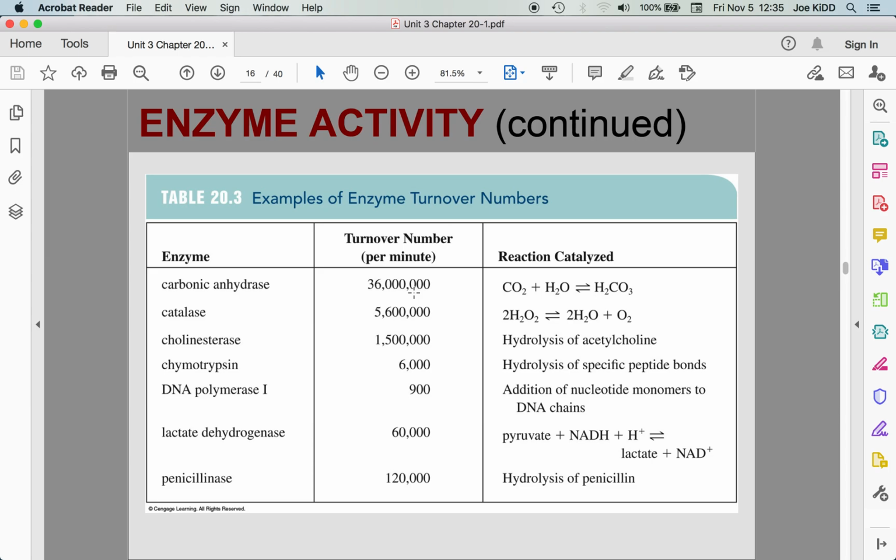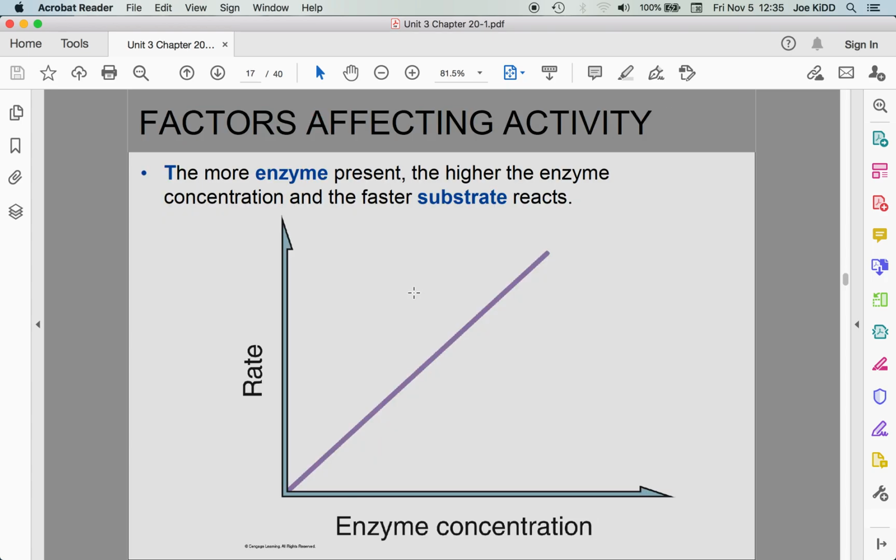Depending on the enzyme, the turnover number may vary greatly, but that doesn't necessarily mean that that enzyme isn't working properly. There's a wide variety of enzymes and rates at which they occur. So there are factors that can affect the activity of an enzyme, or its ability to perform at the best ability that it could.